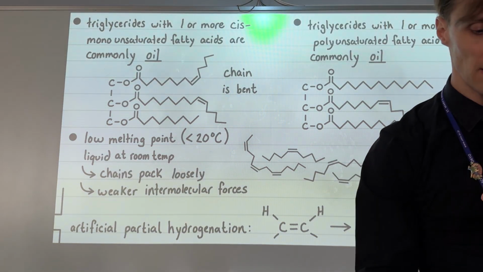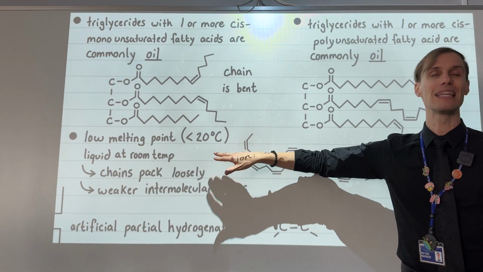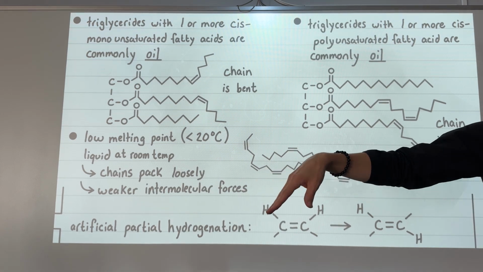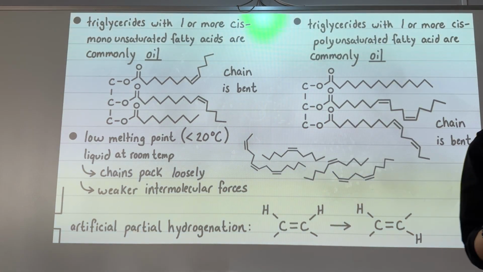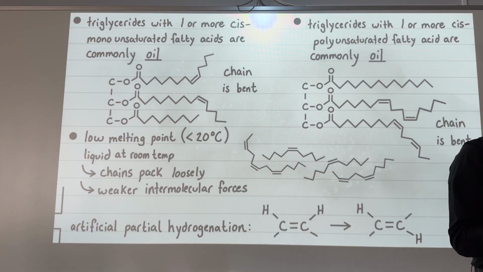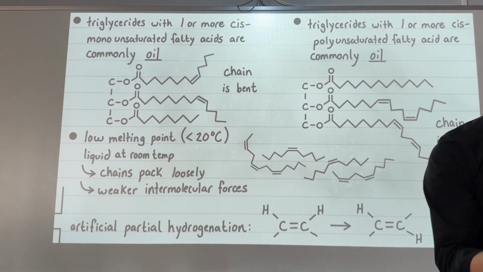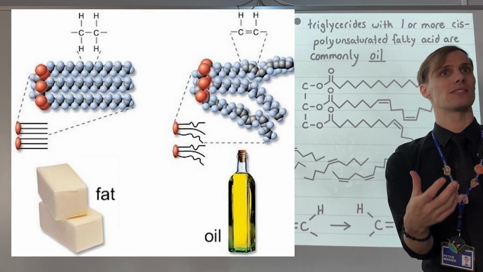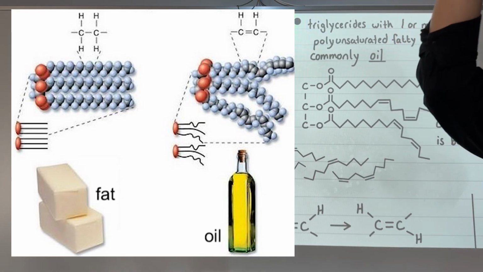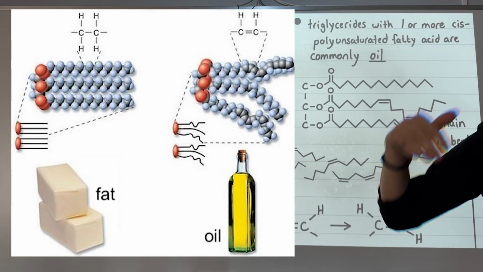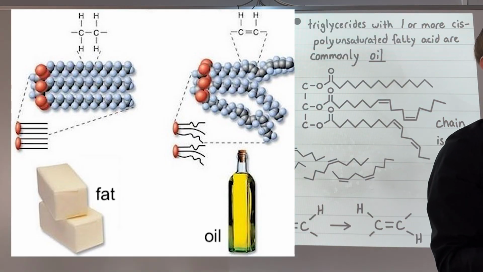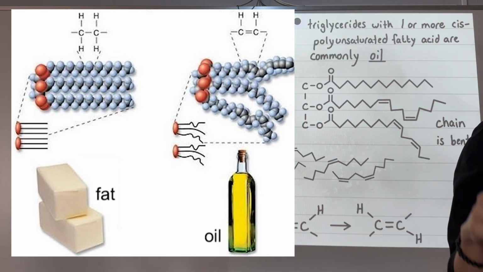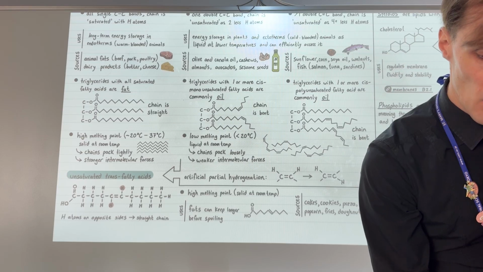And unsurprisingly, they tend to be liquid at room temperature. Hence, we wouldn't call these fats, we call them oils. So that's where this comes from. Fats are effectively saturated fatty acids because they have a higher melting point, making them solid at room temperature, whereas oils are unsaturated fatty acids that tend to have a lower melting point and thus are liquid at room temperature.